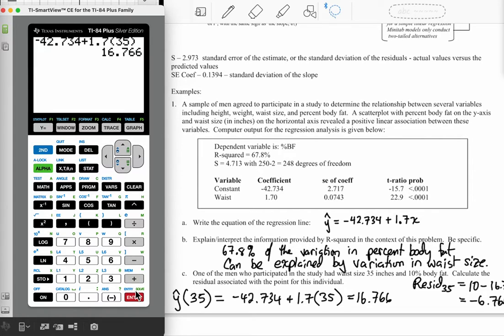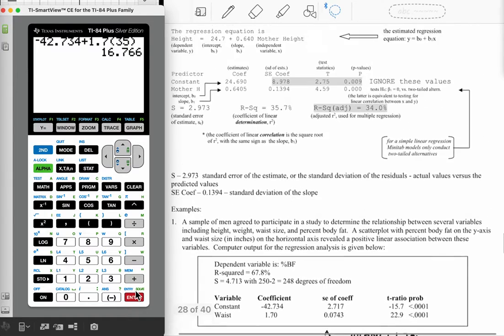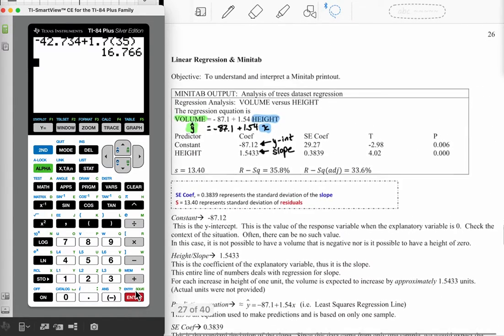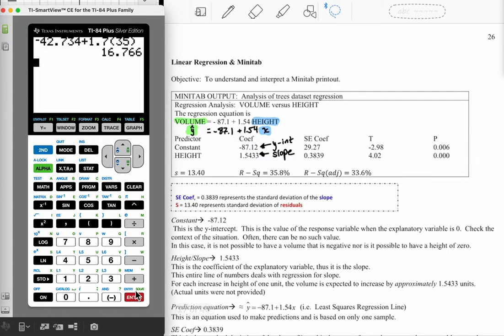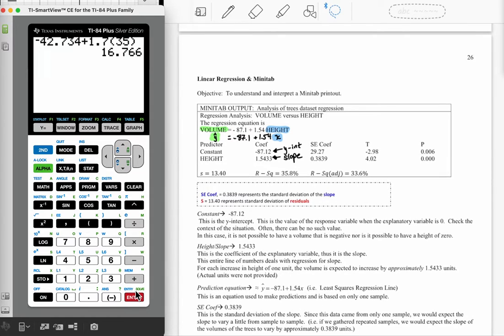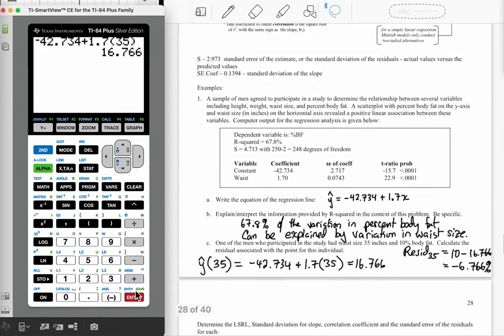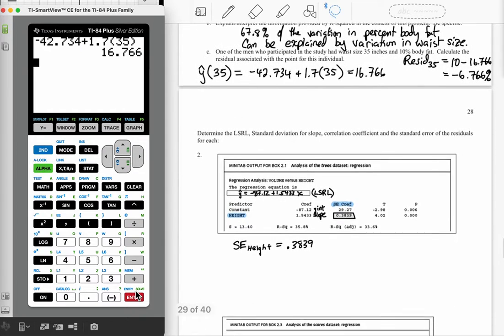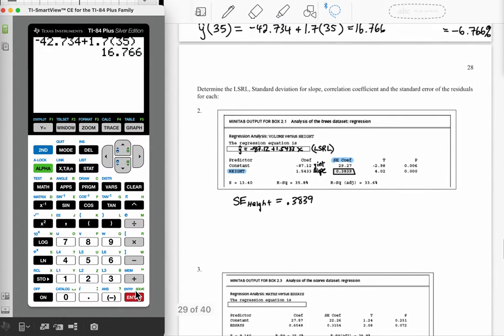The waist size was the explanatory variable, percent body fat was the response variable. And then here we had volume versus height. It's the same data set, but it gave us volume as a result of height. Whatever that predictor variable is, that's going to be your input variable. So height here is my input variable. Waist size was my input variable.